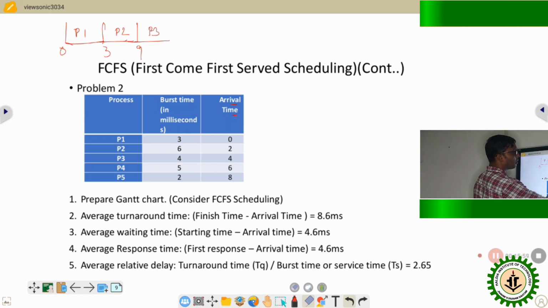Next process is P3. At 9, all the processes have already arrived in the ready queue, so there is no need to bother about that. So P3, add 4, that is 13.